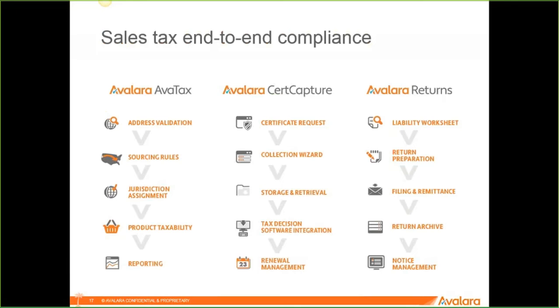Today we're mostly going to focus on the left-hand side, tax determination in the order-to-cash process. But for GP and NAV and other solutions, we have a use tax module that provides a real-time calculation for consumer use tax on the purchasing side.